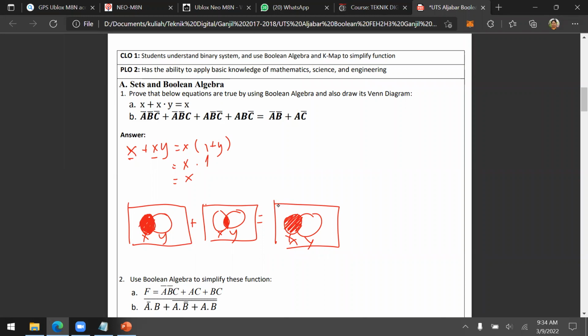Now, second one. Okay, this is quite long. So we have A naught B naught, and also we have A B naught in here. So we can just take out that one.